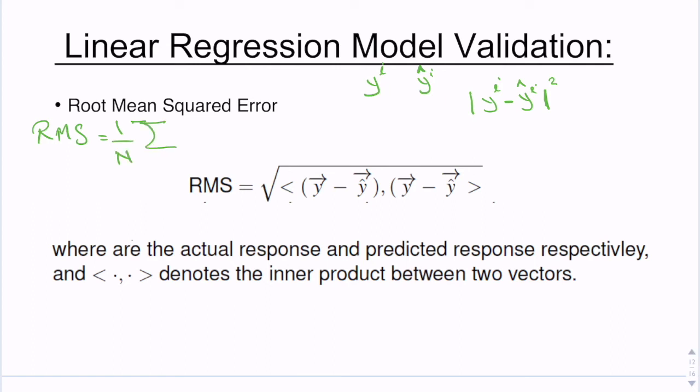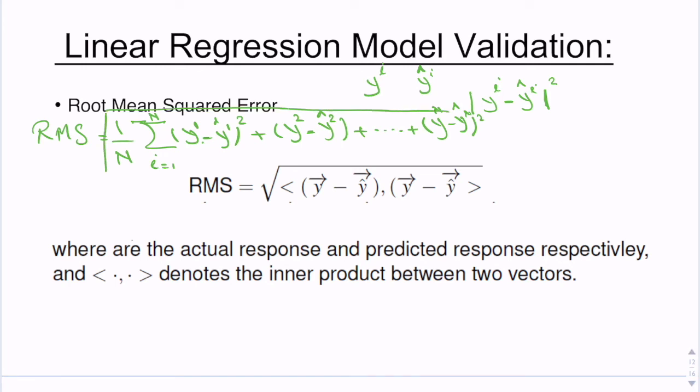This is the sum from i equals 1 to n of y1, this is sample 1, minus y1 hat squared, plus the error from the second sample, y2 minus y2 hat, the estimated one, and then we sum for all values up to yn minus yn hat squared, and then we take the square root of all of these values.